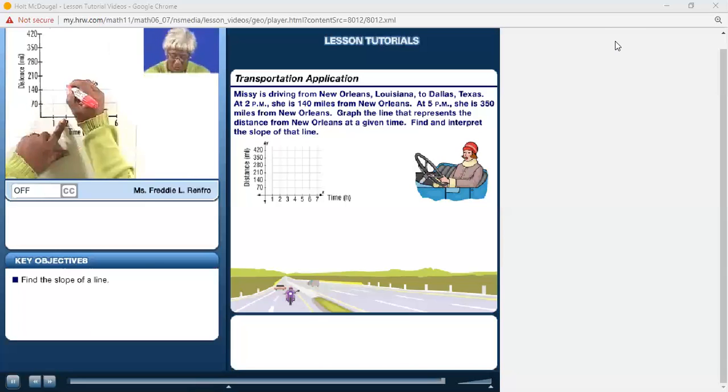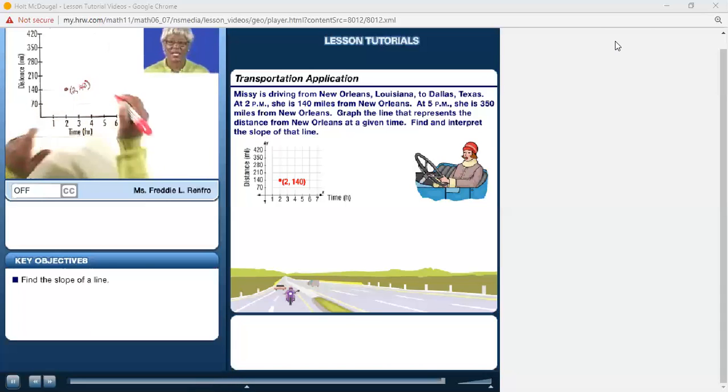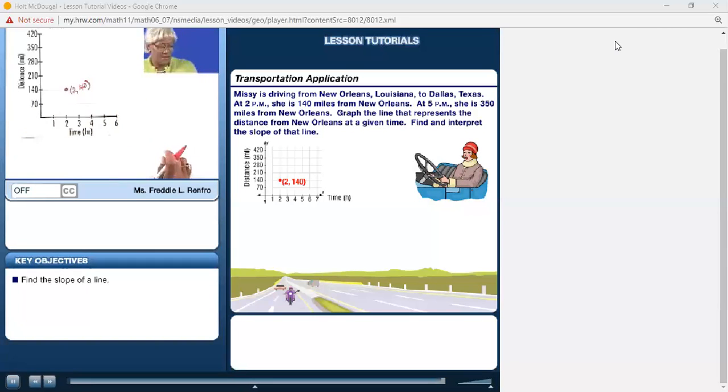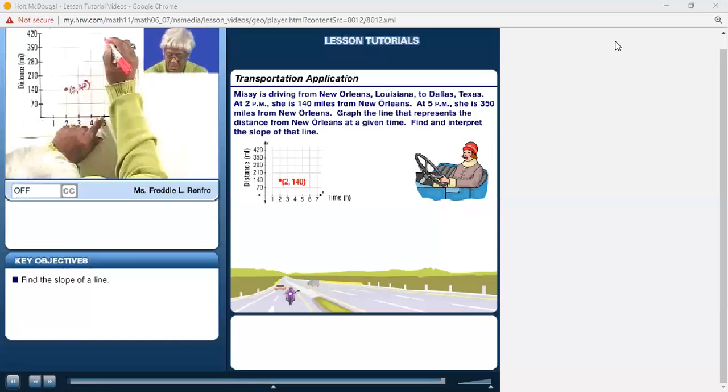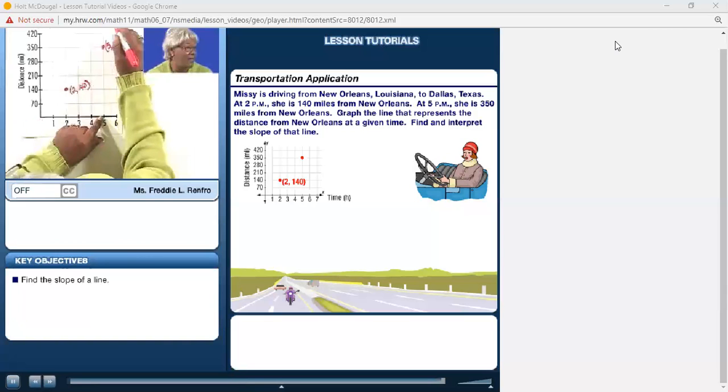So I'm going to put a point here that represents the coordinate 2 p.m., 140 miles. And then at 5 p.m., she is 350 miles from New Orleans. So I'm going to put a point here and write that as 5, 350.